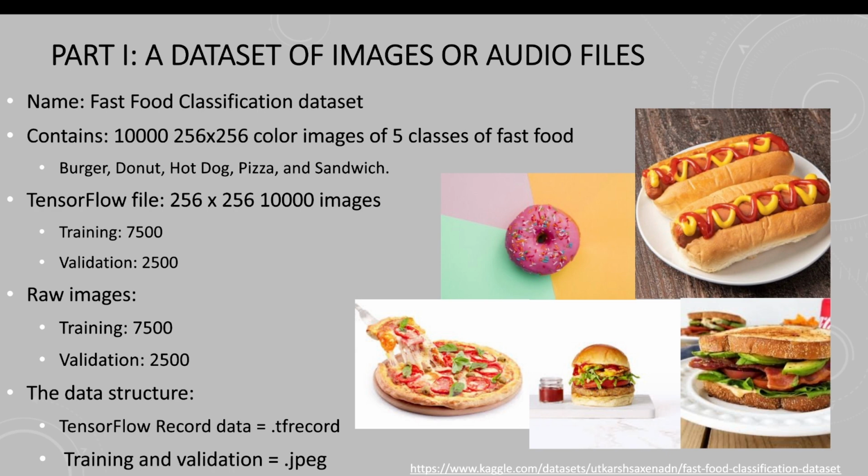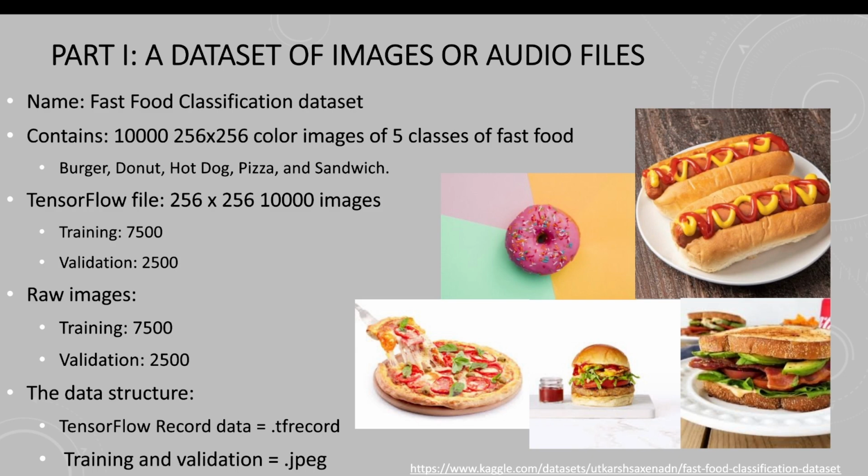Basically, they have 2 parts. The first part is the TensorFlow version that is divided into a training set of 7500 and a validation dataset of 2500 images. In the TensorFlow version, the data structure is TF record, which means it's already resized to 256 times 256 pixels.